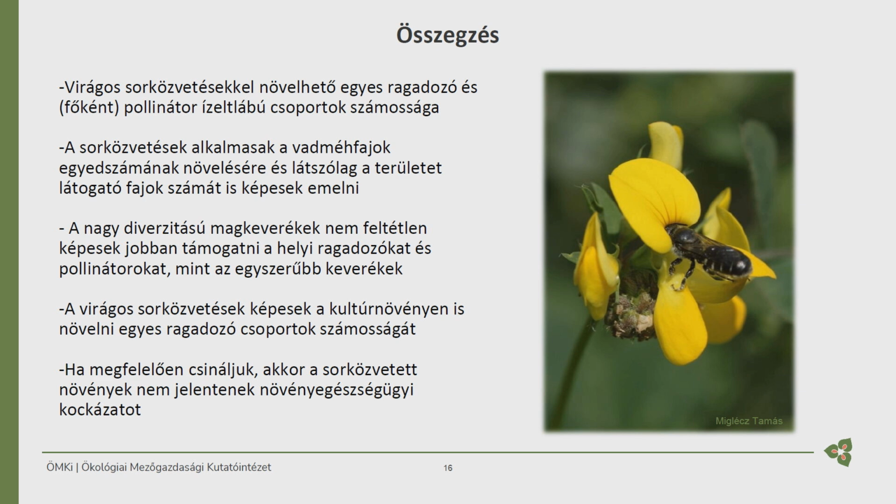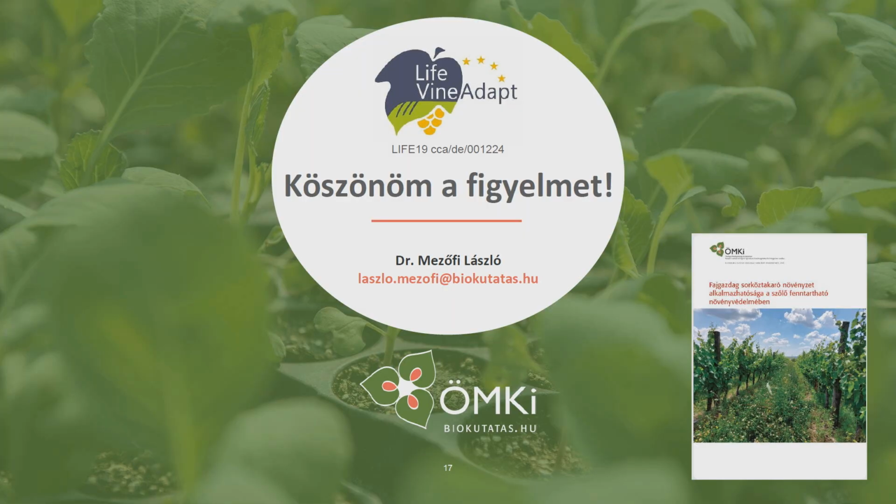However, the higher diversity cover crops will not help increase the number of such insects in the vineyards more than the low diversity cover crops. And the number of predatory species can also increase if you have flowering plants in the alleys between the vines.